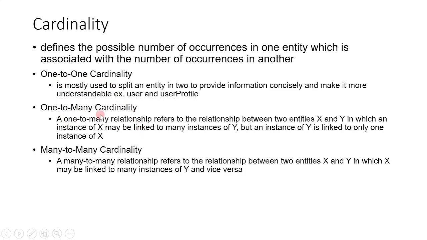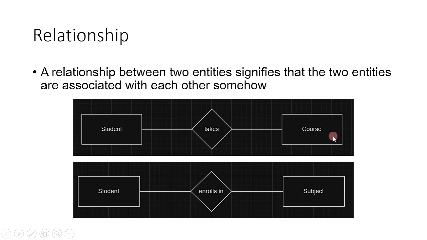So we have here also a one-to-many cardinality. Okay, it refers to the relationship between two entities, x and y, in which an instance of x may be linked to many instances of y. Okay, an instance meaning one record in one table can be linked to many records in y, but y is linked to only one instance of x. Okay, a very good example for that is the student and course.